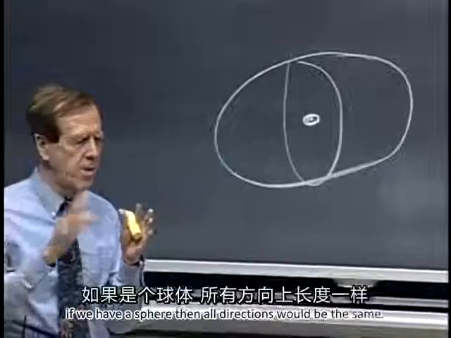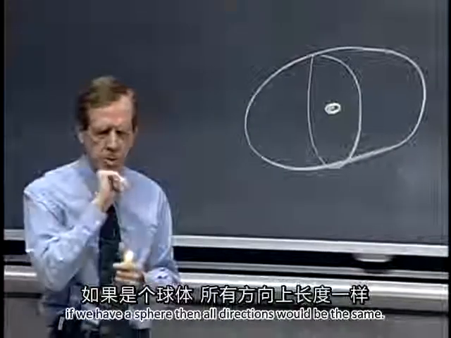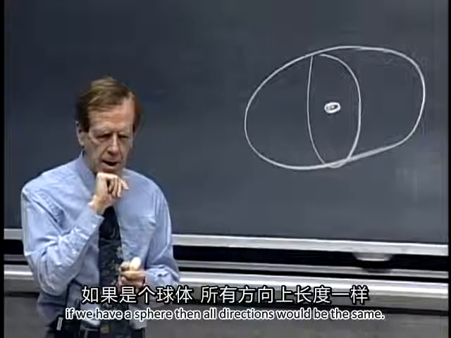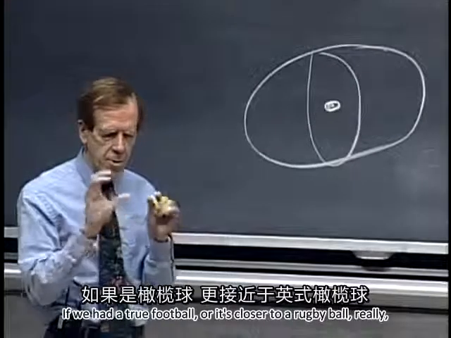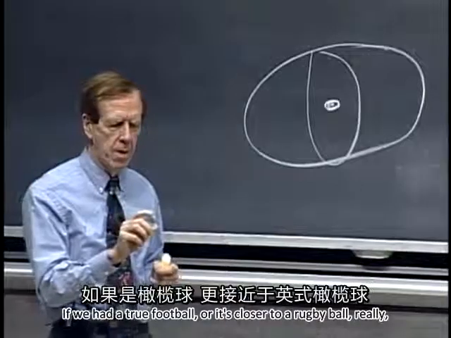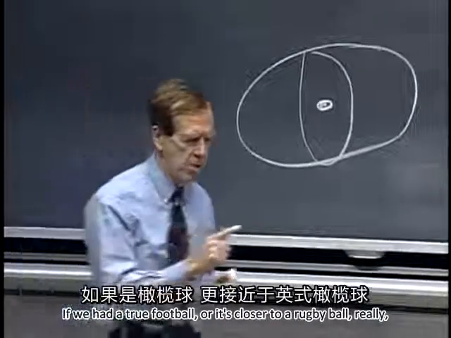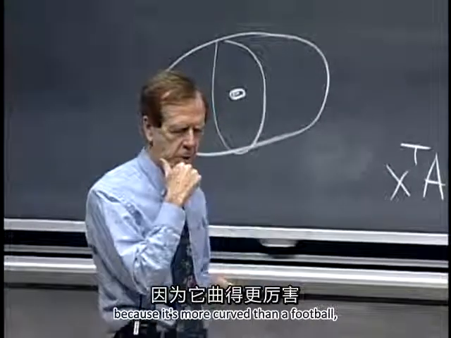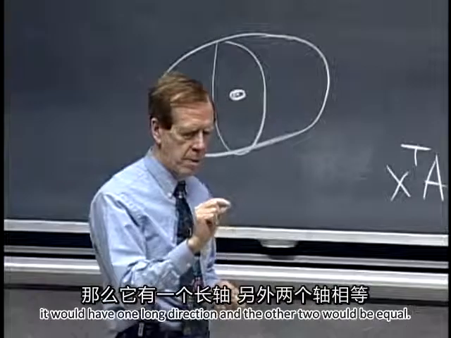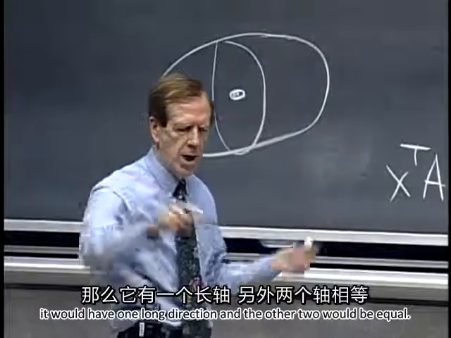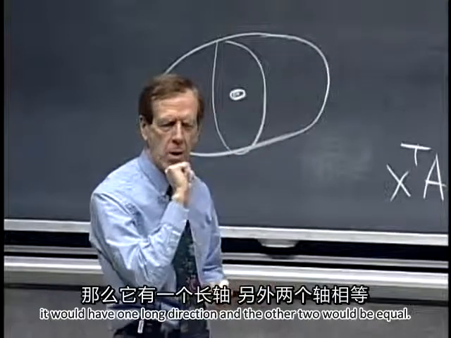So you see what I'm saying? If we had a sphere, then all directions would be the same. If we had a true football, or it's closer to a rugby ball, really, because it's more curved than a football, it would have 1 long direction, and the other 2 would be equal.